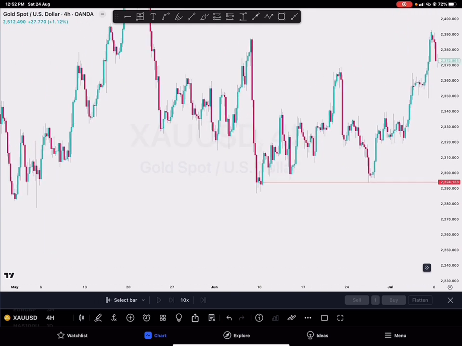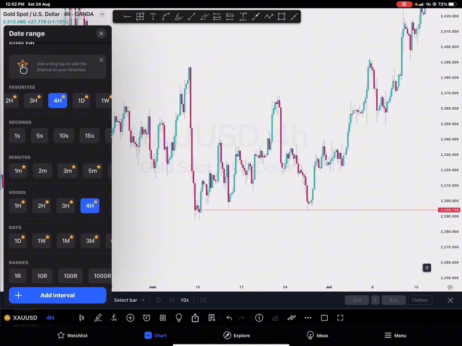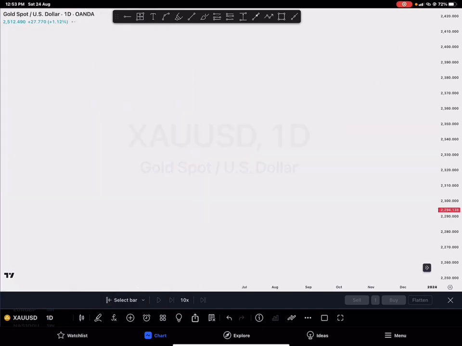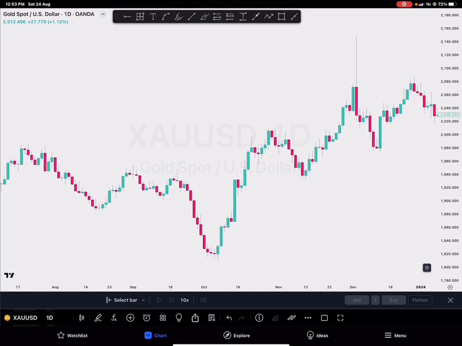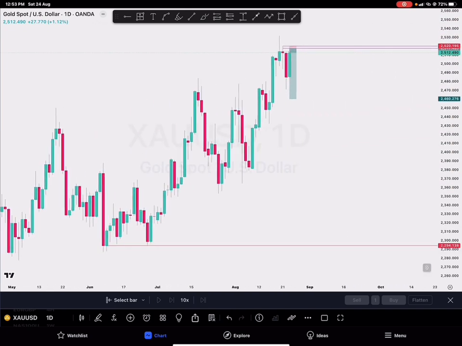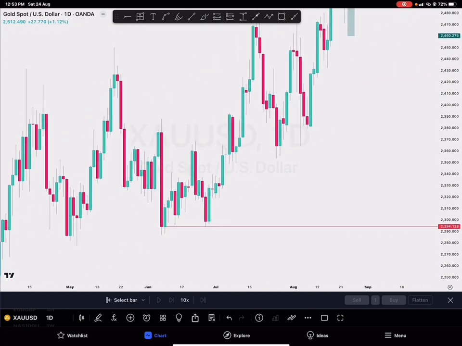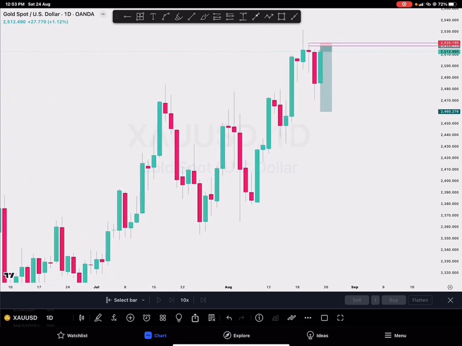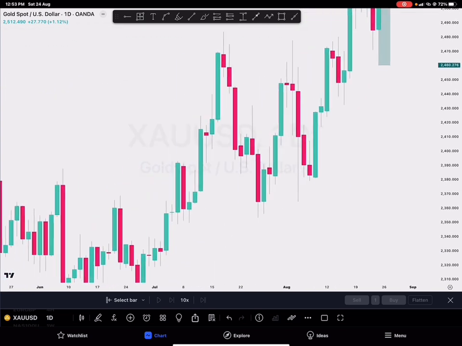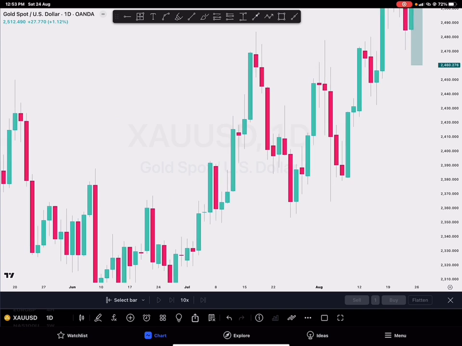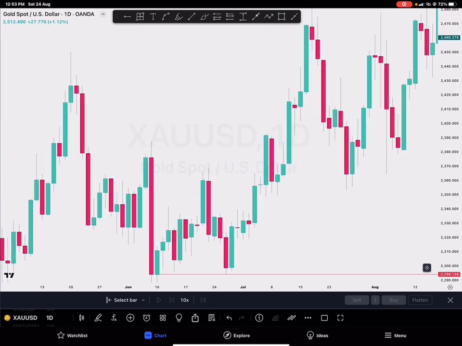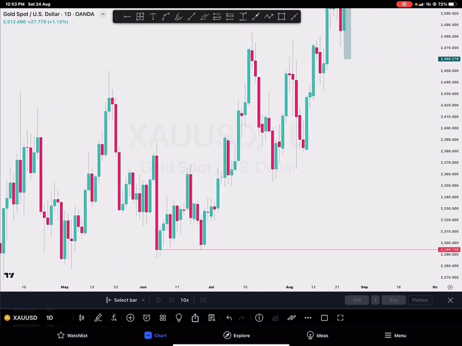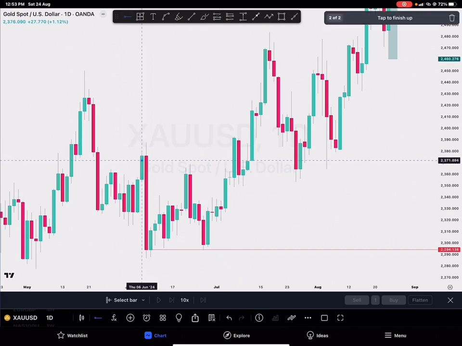You can clearly see, but let me check clearly on the daily time frame, because now you know how to find the normal one from there. But if you are good in what you're doing, you can clearly spot them.